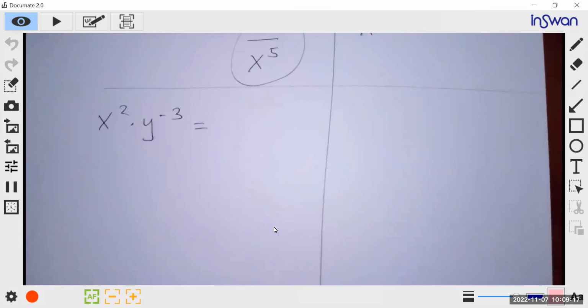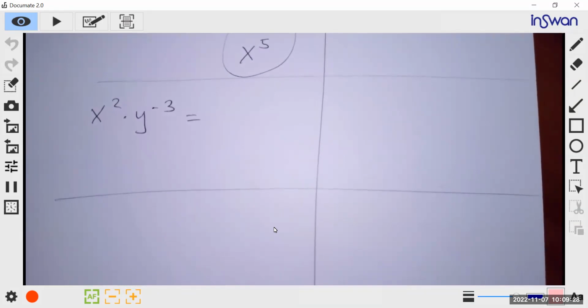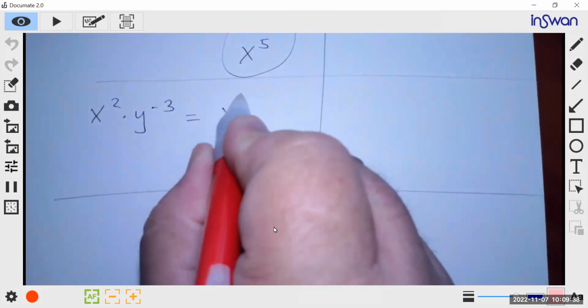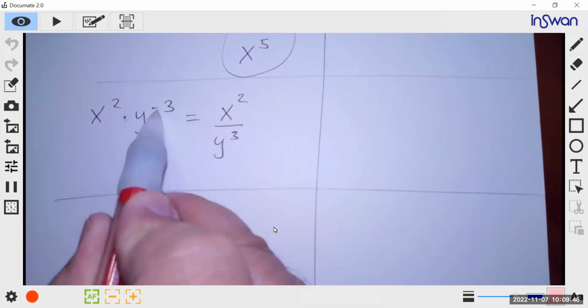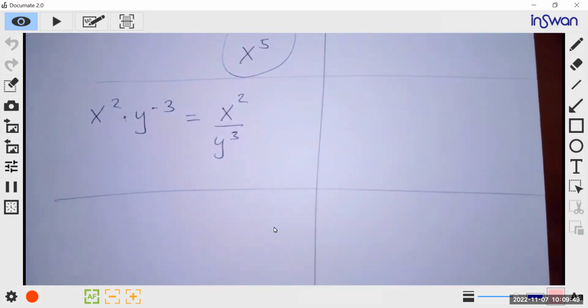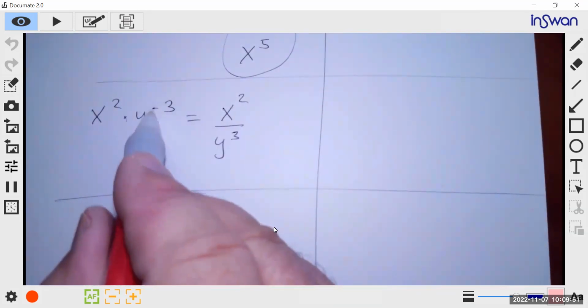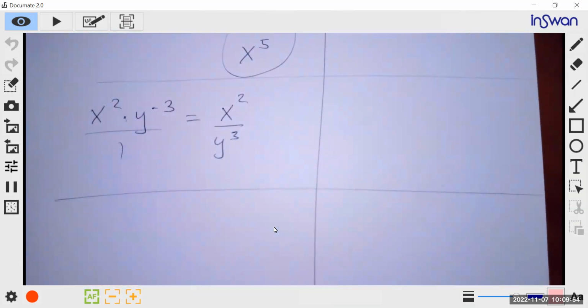How about that one? Only move the ones with a negative. You can't do anything until you get rid of the negatives. So since this is a negative, it can't be on top. It's got to go on the bottom.